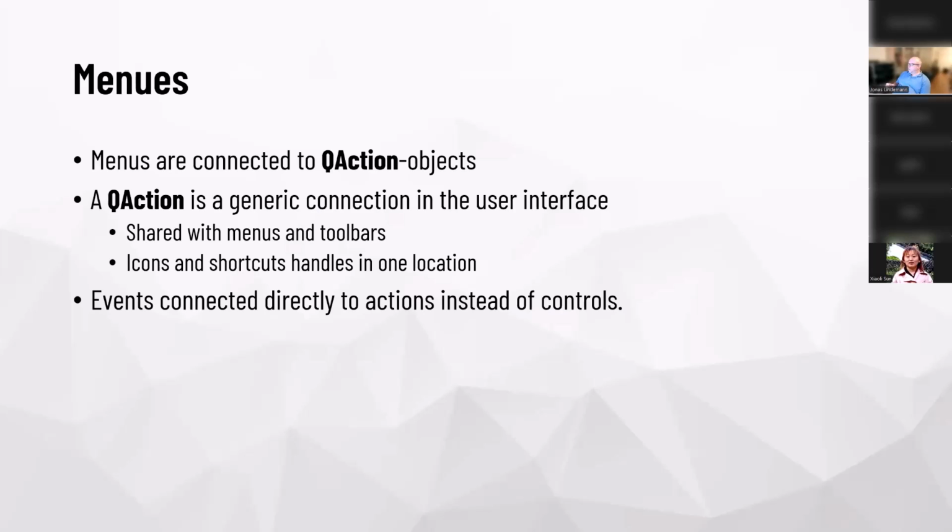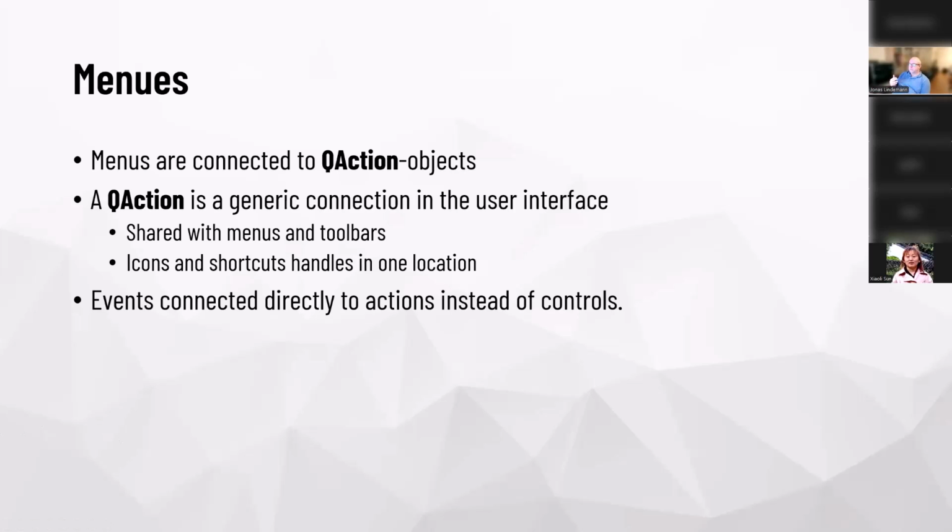Because menus and toolbars are kind of interchangeable, often you have menu items that also appear on toolbars, and many of these toolkits have combined them. Instead of having a menu item and a toolbar item, you have an action object instead. And the action object can be shared between the menus and the toolbars. So an action is a generic connection in the user interface.